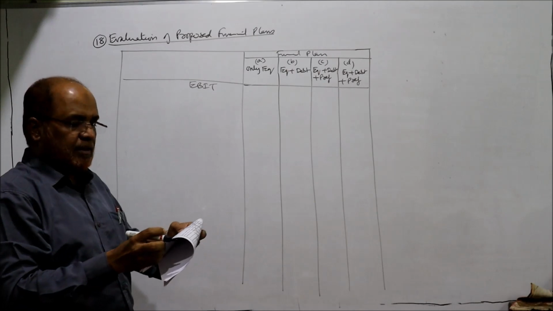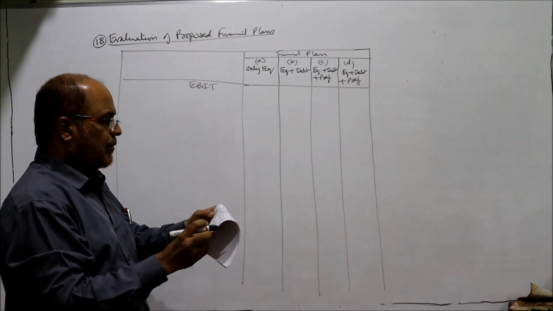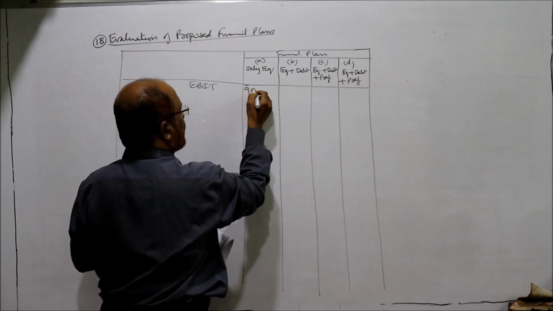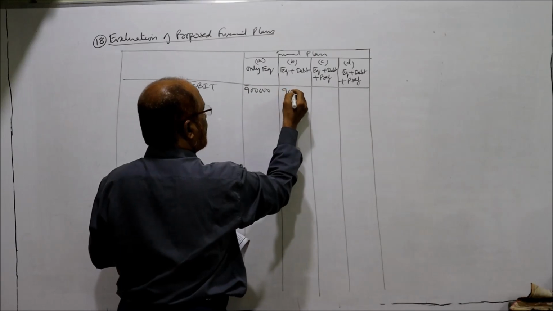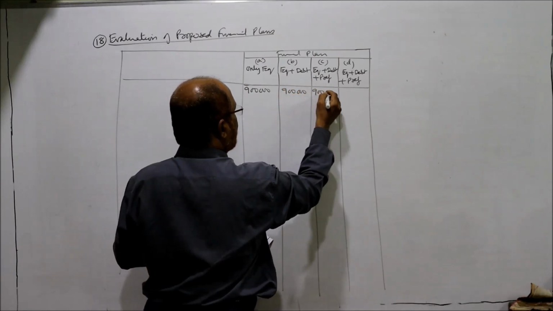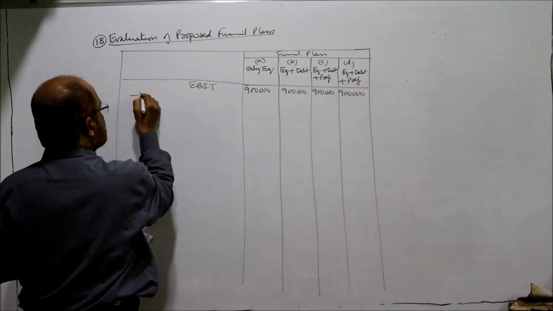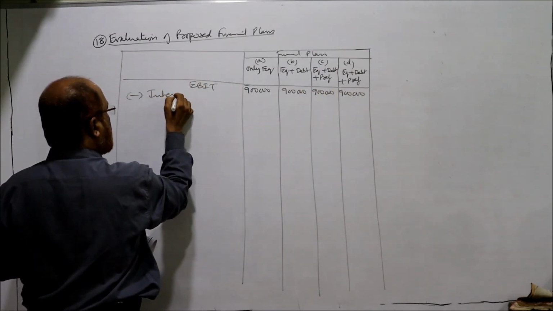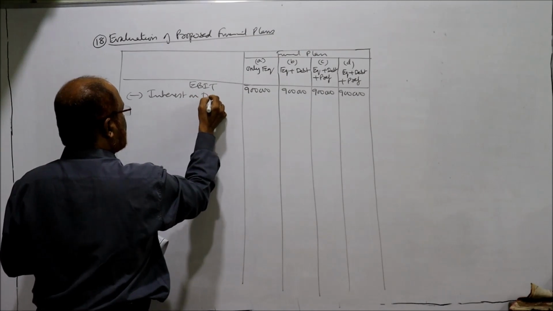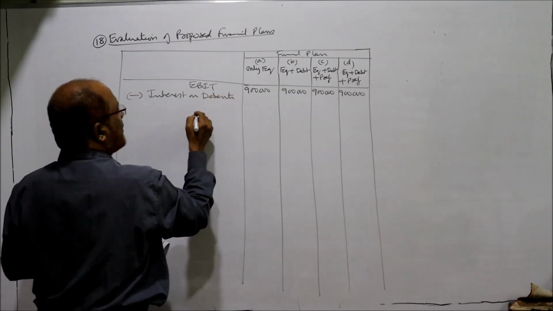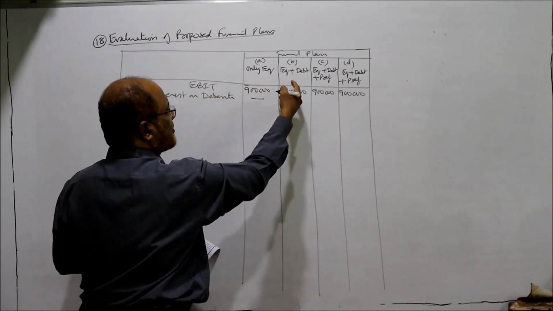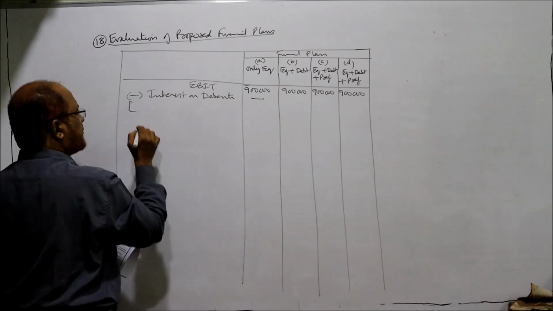EBIT. The EBIT is given in the problem as 9 lakh rupees. Less interest on debentures. Now, first plan we don't have debentures. Second plan we have debt.